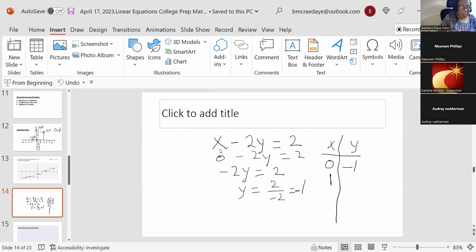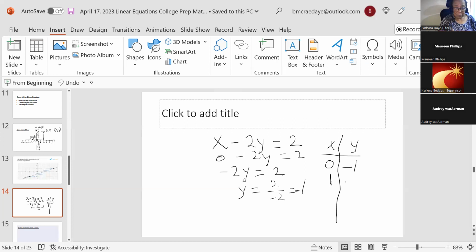Put a 1 here and solve for y. Put the 1 in for the x, and that means you have to subtract the 1 from both sides. So you get minus 2y equal 1. So y is a minus 1/2, right?